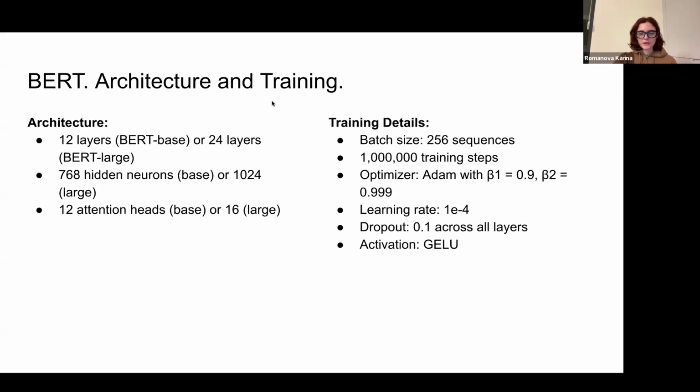Also, BERT was trained on large-scale datasets, including the BookCorpus and English Wikipedia, using a vocabulary of 30,000 tokens through WordPiece tokenization.